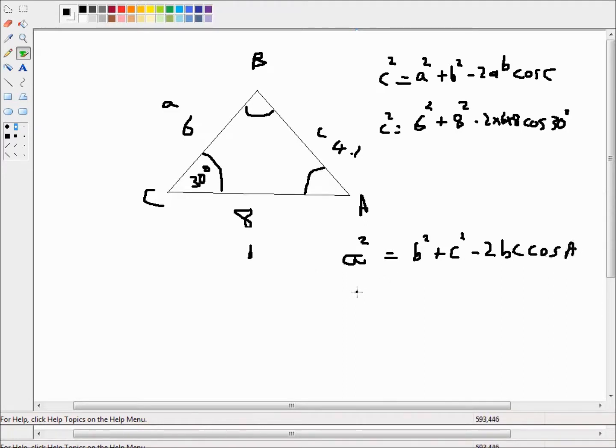So 6 squared is equal to 8 squared plus 4.1 squared minus 2 times 8 times 4.1 times cos A.